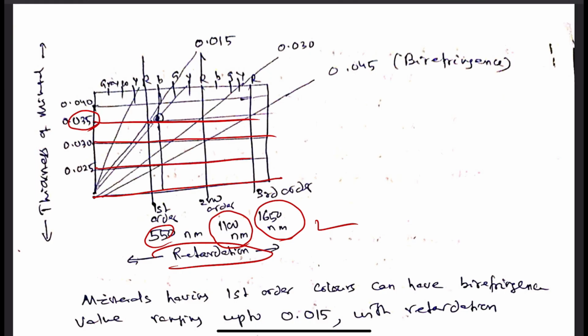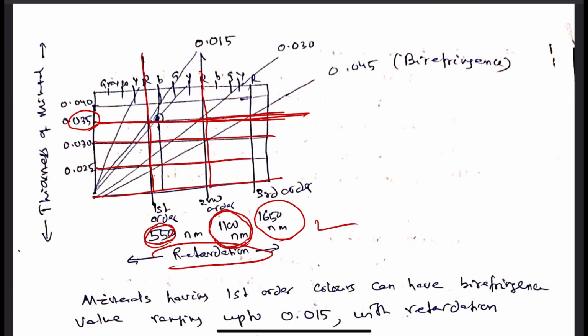Generally, this line is taken as the useful line, and we have the vertical lines which link the color with the birefringence and the retardation value. So first order red will have a retardation of 550 nanometers, and second order red will have 1100 nanometers.